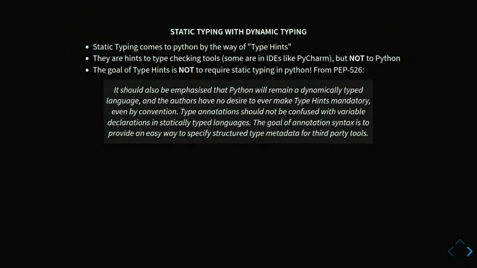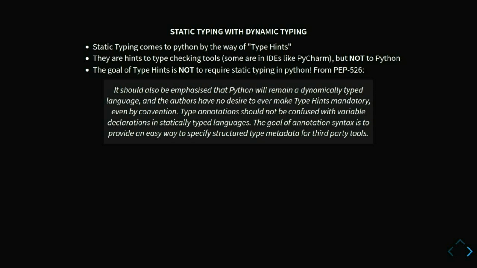Okay, so static typing with dynamic typing, and duck typing, but we're going to get more to that in a minute. The static typing comes by way of type hints, as we saw, and we use different type checking tools to check that. The other nice thing is that the IDEs or editors are using that same information now.